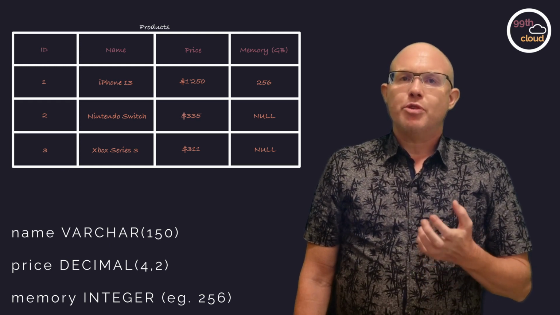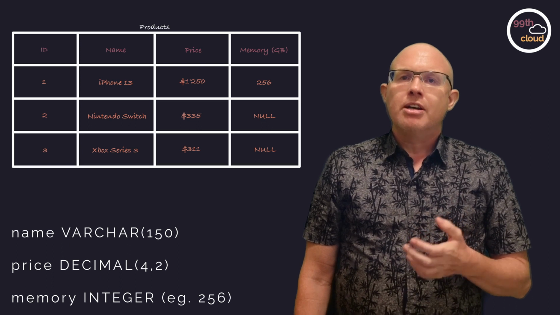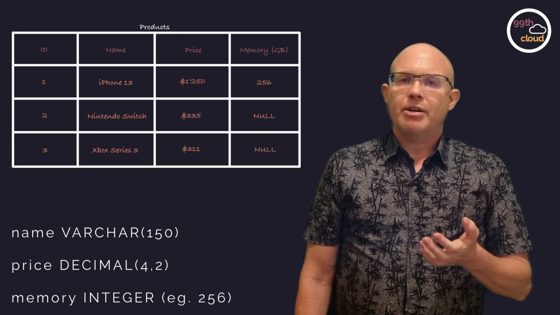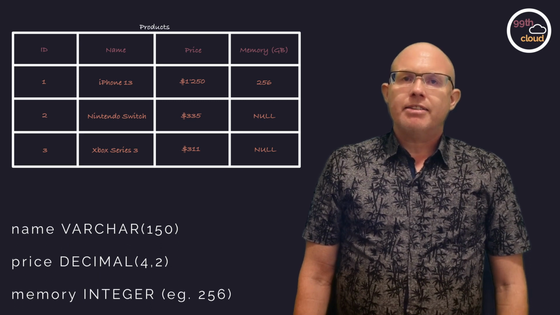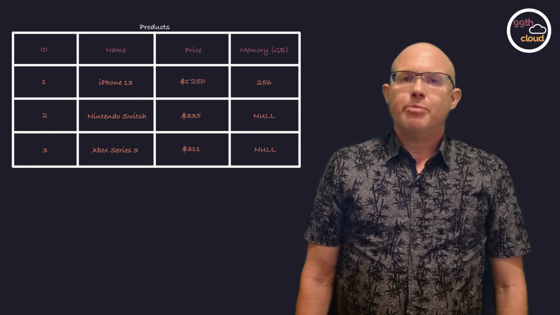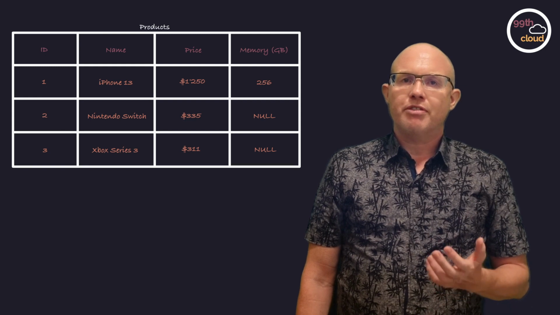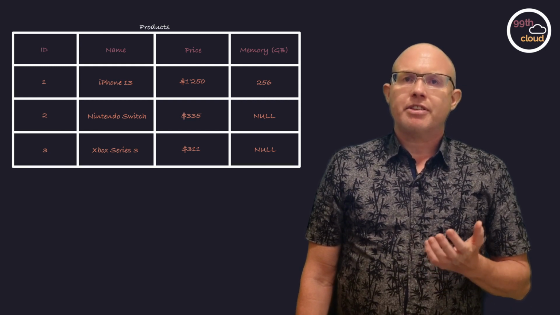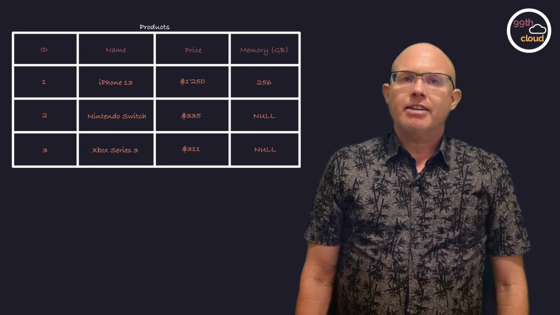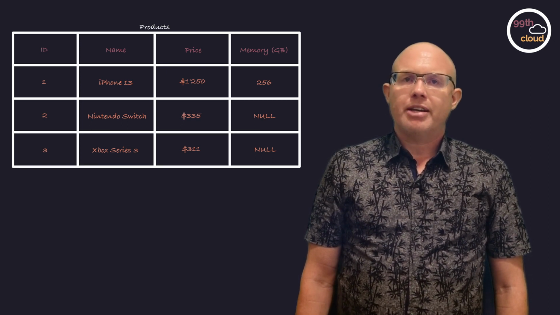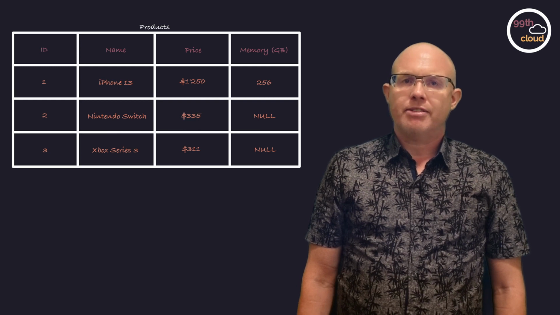And the memory would be defined as an integer, so a full number without fractional digits. By defining data types for the attributes, the database can optimize them to retrieve them faster than if they would be stored as text. Additionally, the data size will also be kept smaller as the values use less space.